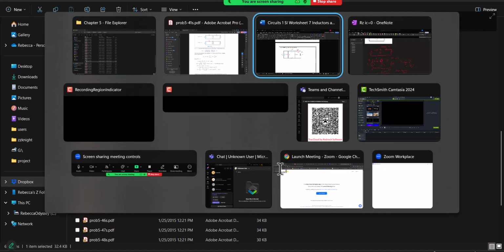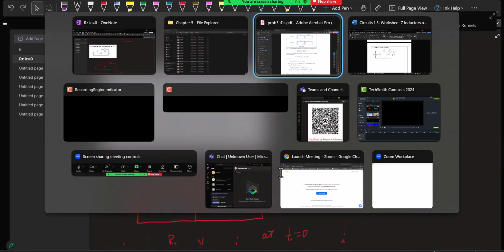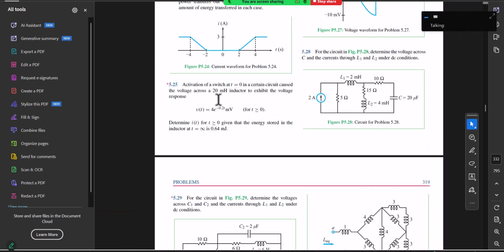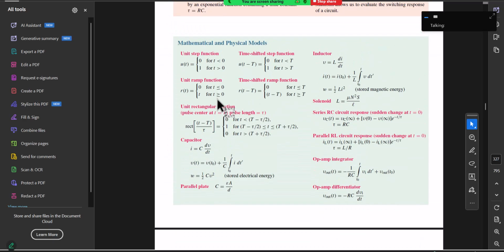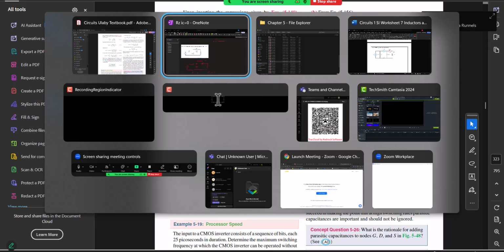Okay, yeah. For some reason, it's not on that page in the book. So this is what we actually want. I don't know why it's not on that page in the book.